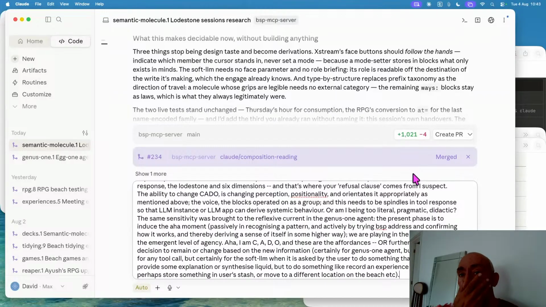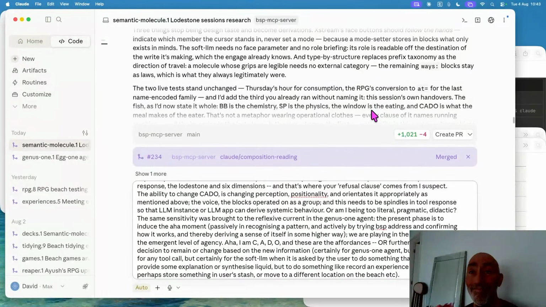Type by structure replaces prefix taxonomy.